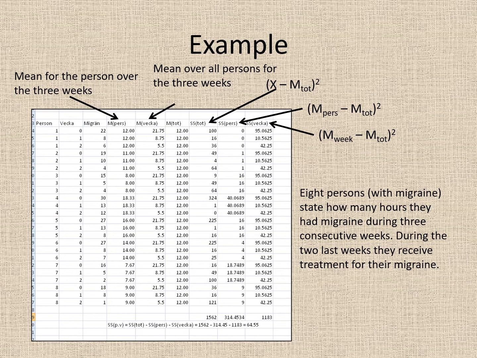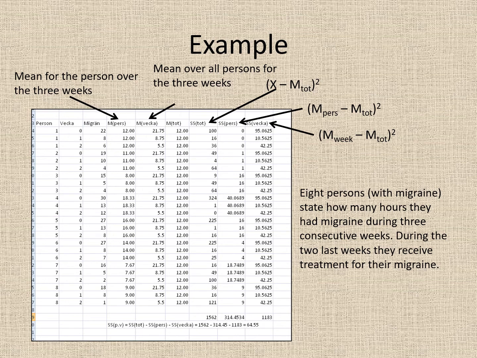Sum of squares that can be explained by individual variation: we take each individual's mean minus total mean, square it, and take the sum here.